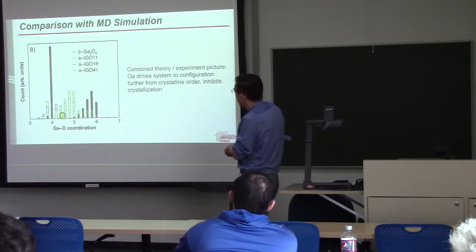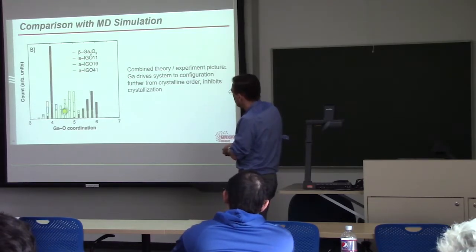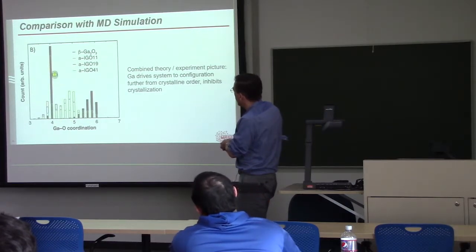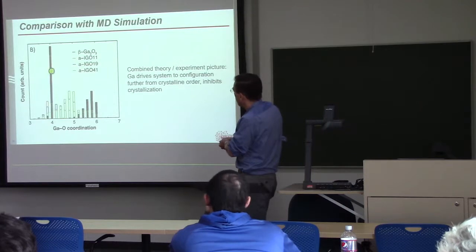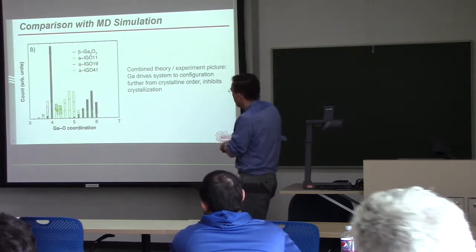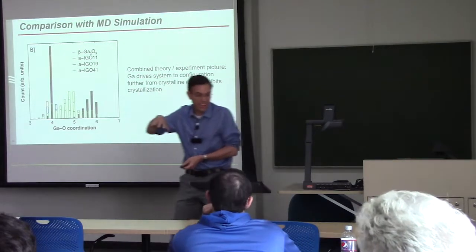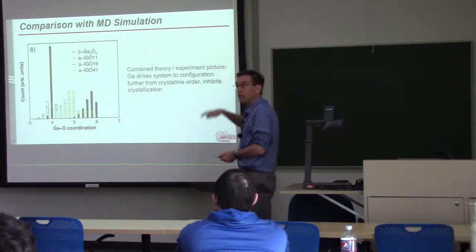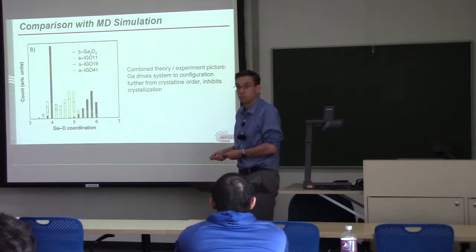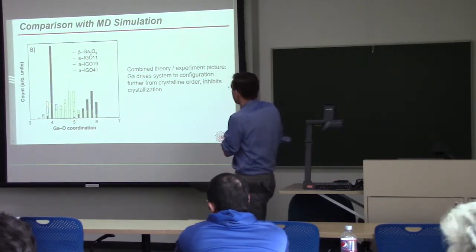You can see that the gallium concentration drives the gallium-oxygen coordination to higher numbers. It drives it away from where the bulk structure would be. And the argument is that by driving this system to a configuration of the gallium that's different than the bulk, you inhibit the crystallization. Okay, that's the fundamental argument.